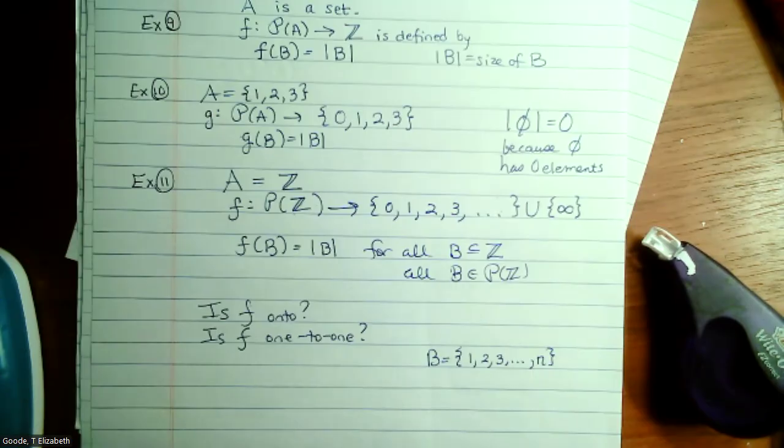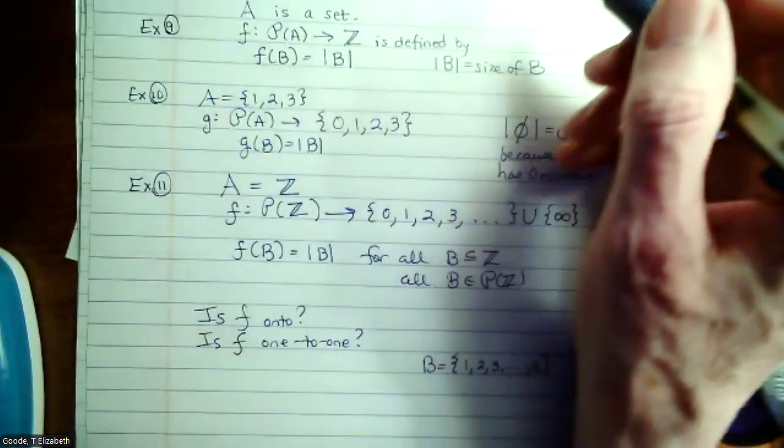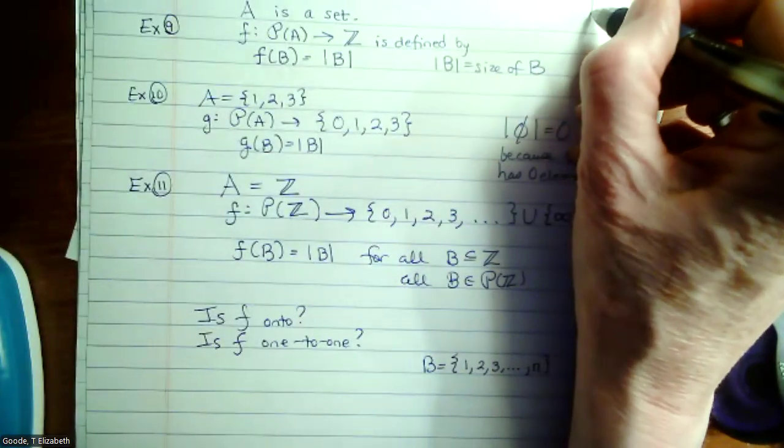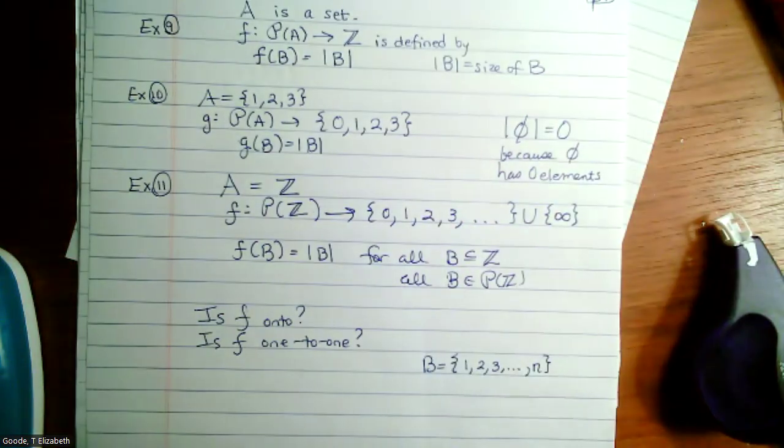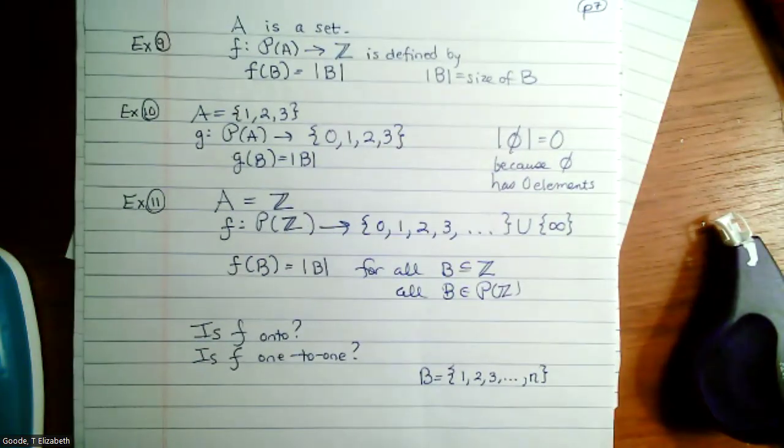But then when you start thinking about all the subsets of Z that have 100 elements in them, or what does a subset of Z look like that has an infinite number of elements in it? How many of those are there? There are an infinite number of them.